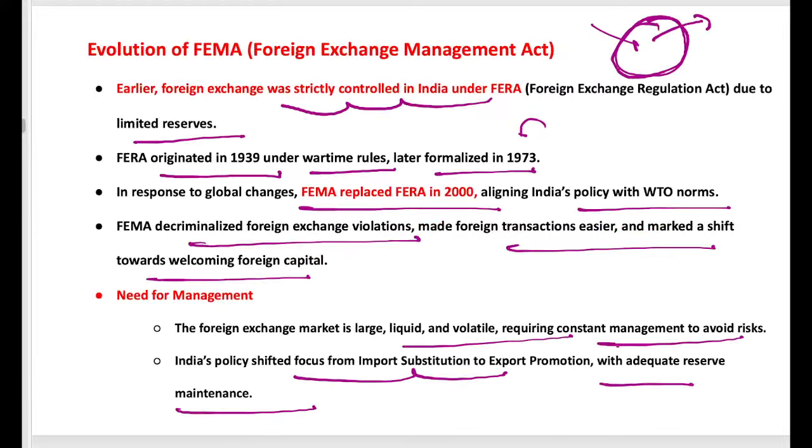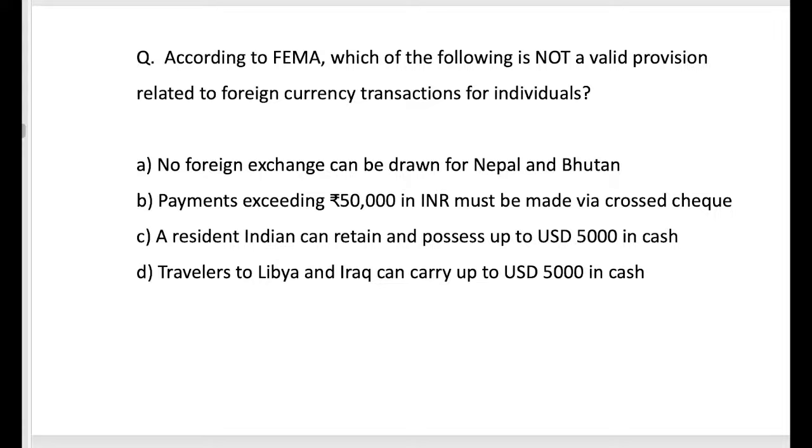सो गाइडलाइंस आर देयर. Next one. According to FEMA, which of the following is not a valid provision related to foreign currency transactions for individuals? $5,000 in cash, it is maximum how much? 3,000, ठीक है, so it should be 3000 USD or equivalent.